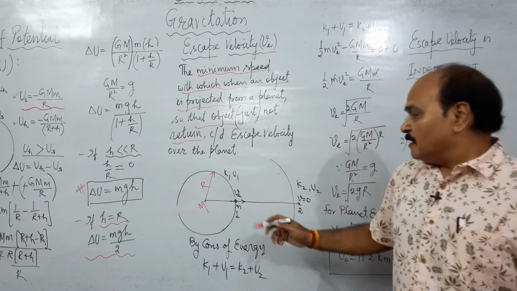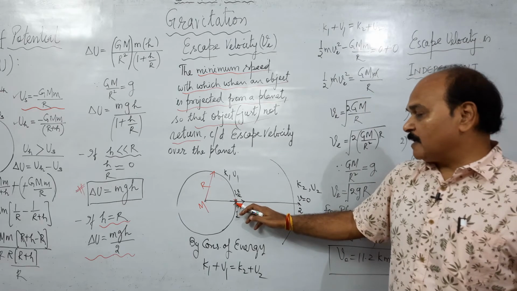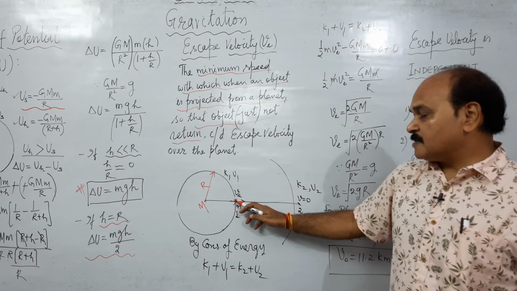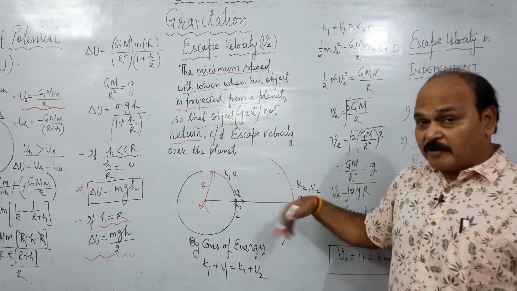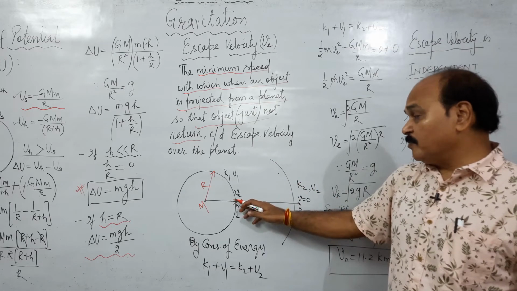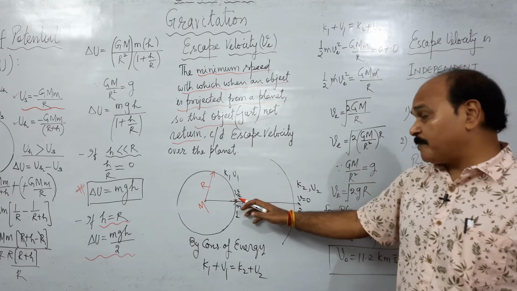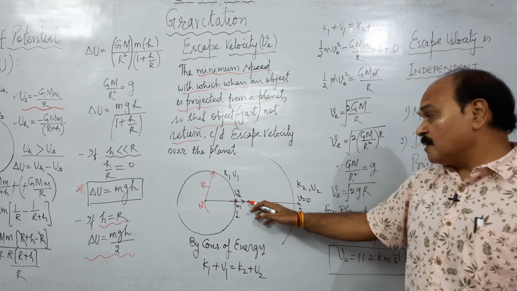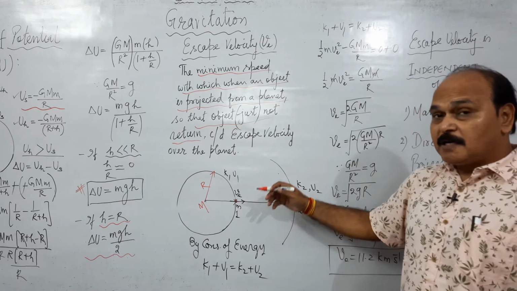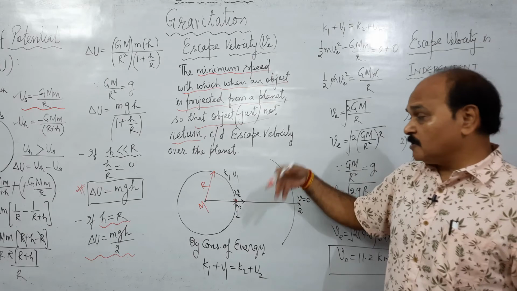If an object is over the surface of the planet, as the object is thrown away from the planet, it moves up, and as the object moves above the surface of the planet, its potential energy increases.